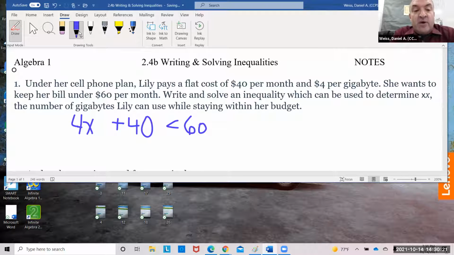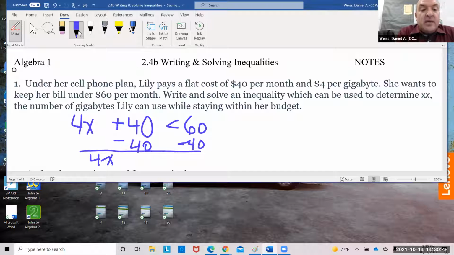Okay, so now that is your setup. This is what you need to put in if you're doing Delta Math, for example. This will be the inequality that needs to go in for the first line. Then you're going to need to solve. I'm going to minus 40 from both sides, and I get 4X is less than 20.